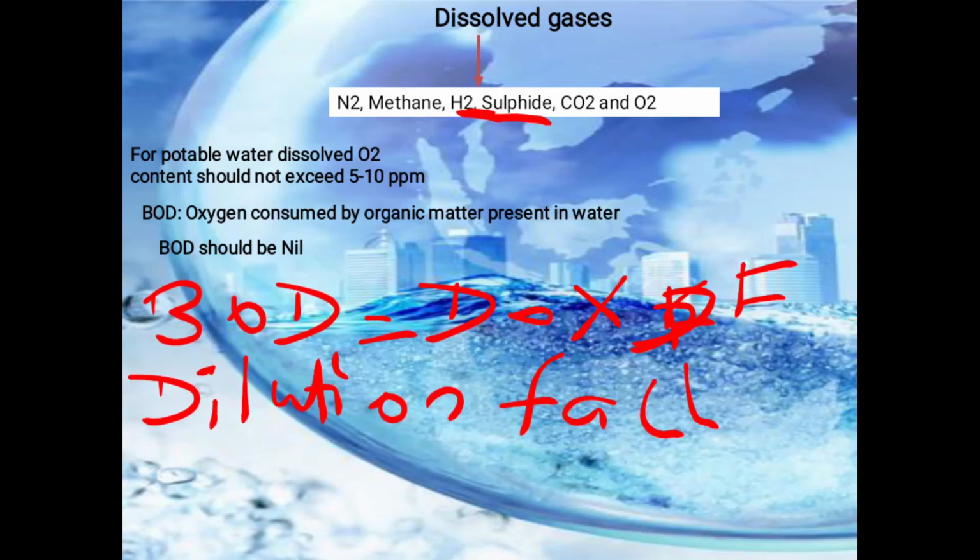If it gives a milky white color, carbon dioxide is present in the water. The presence of carbon dioxide gas indicates biological activity, and it may impart bad taste and odor to the water and may also cause corrosion.